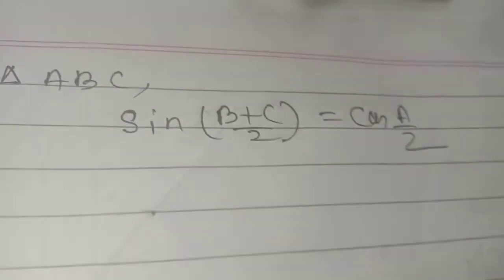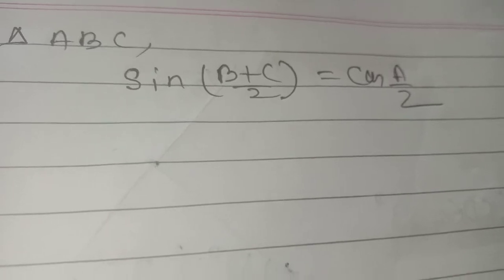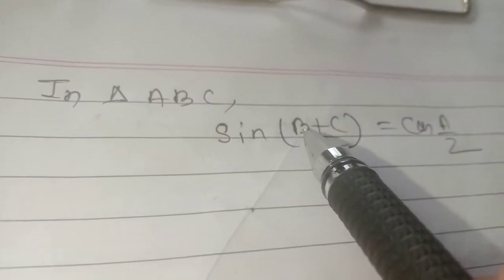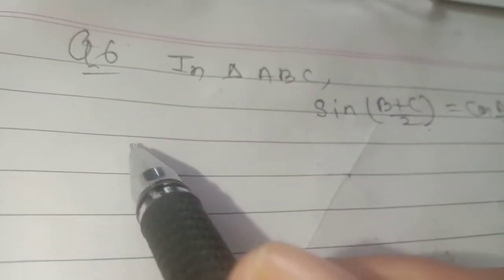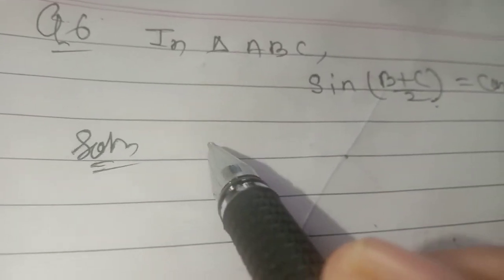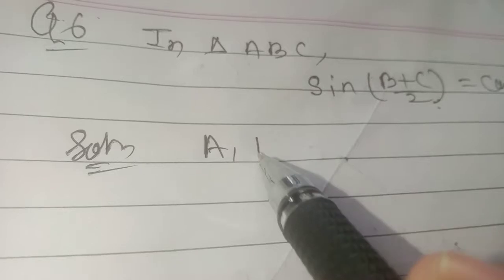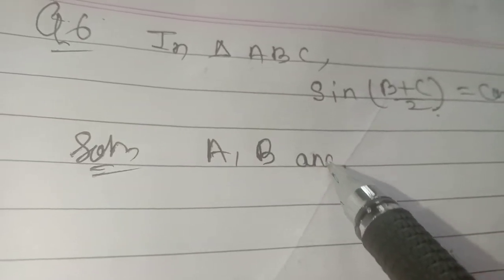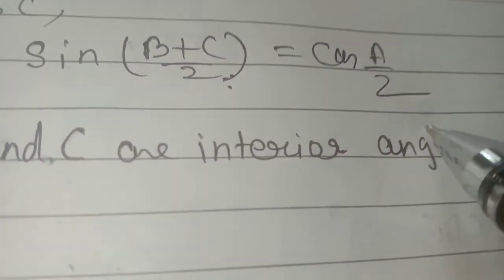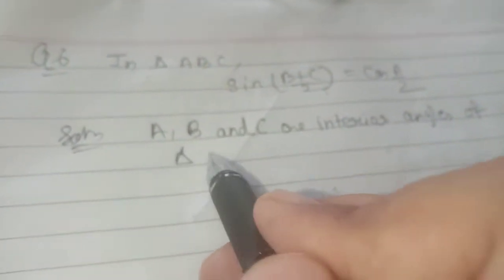This is also a frequent question which comes in examination. So let's solve it now. We have to prove this one. So as we are given in the solution, A, B and C are interior angles of triangle ABC.